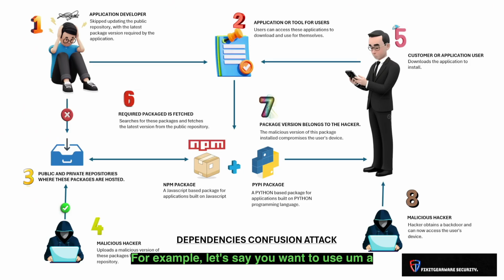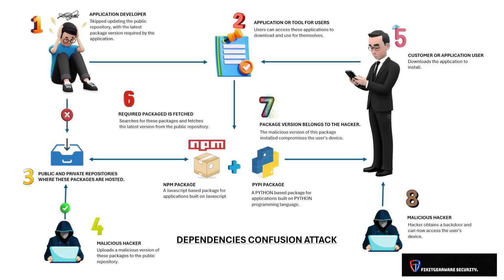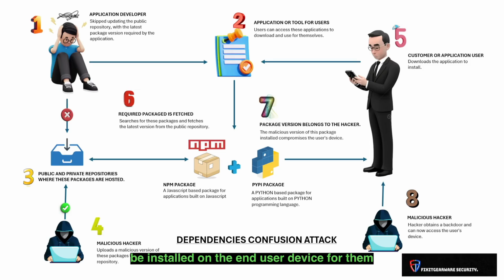For example, let's say you want to use a package, a Python package that we all know as Excel.js. This package is required to be installed on the end user's device for them to be able to view data that are related to Excel sheets. Now, in your private repository, you have version 1.2, assuming you are the one responsible for maintaining that package. However, in your public repository, you did not update the version, right?